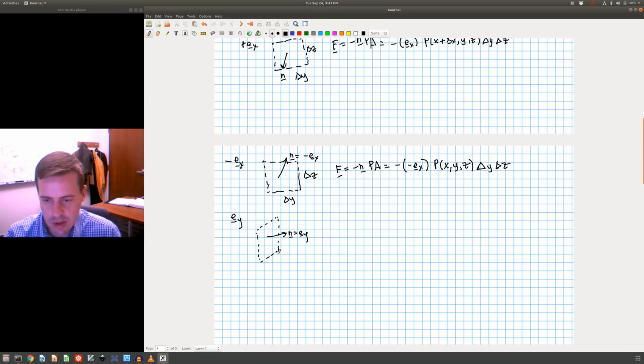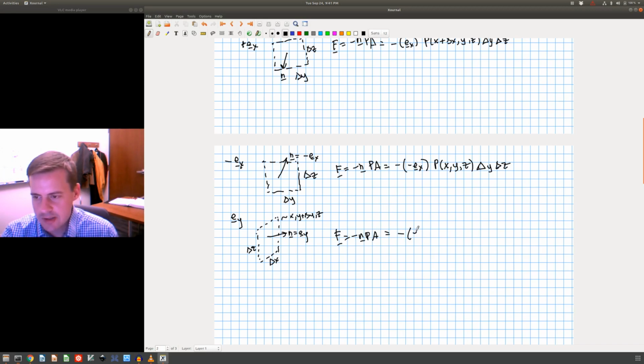So here I have a delta x and a delta z, and I'm at (x, y plus delta y, z). So now when I write down the force as minus n pressure times the area, this becomes minus e_y p(x, y plus delta y, z) delta x delta z.